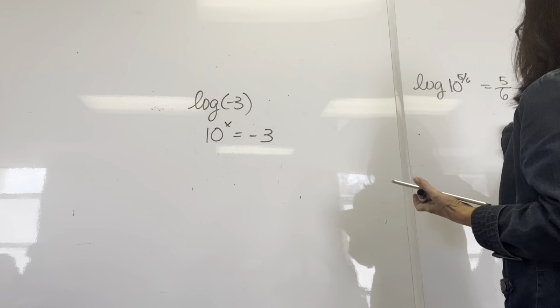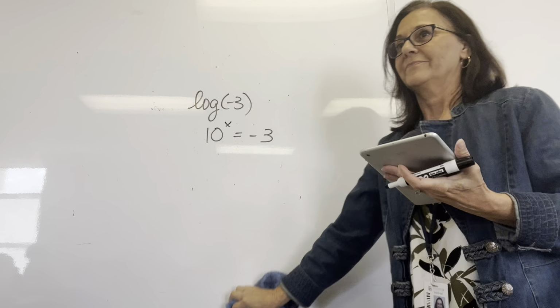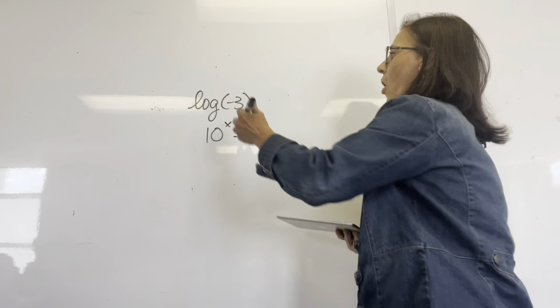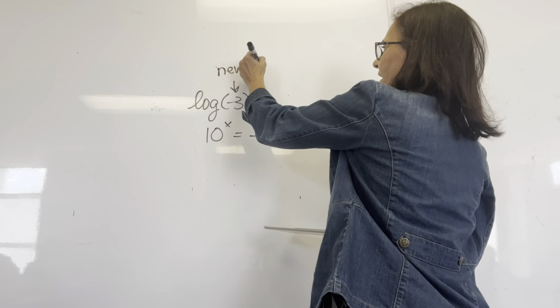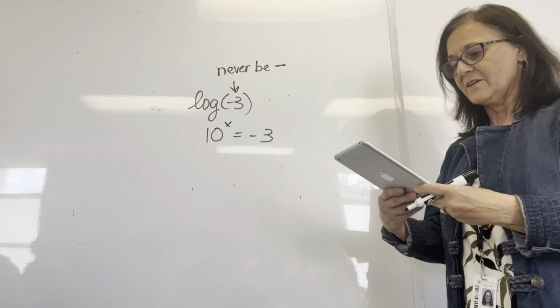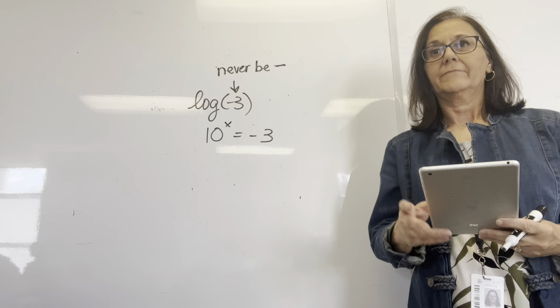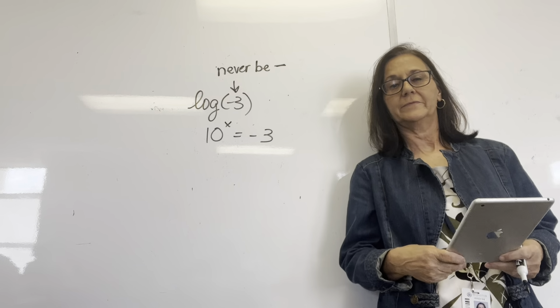All right, so what is that? There's no way that can happen. There's no way you can ever have a negative answer. Your argument will never be negative. So it's just undefined. Undefined, yes. You will never have a negative argument, ever, ever, ever.